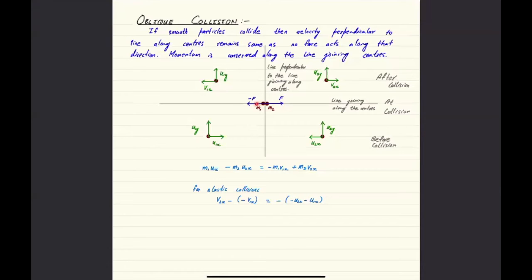For horizontal momenta, you have to apply the conservation of momentum. And if you know that this oblique collision is elastic, then you can also apply that the relative velocity of approach is equal and opposite to the relative velocity of separation, but only for horizontal components of velocity, and vertical components would remain the same.